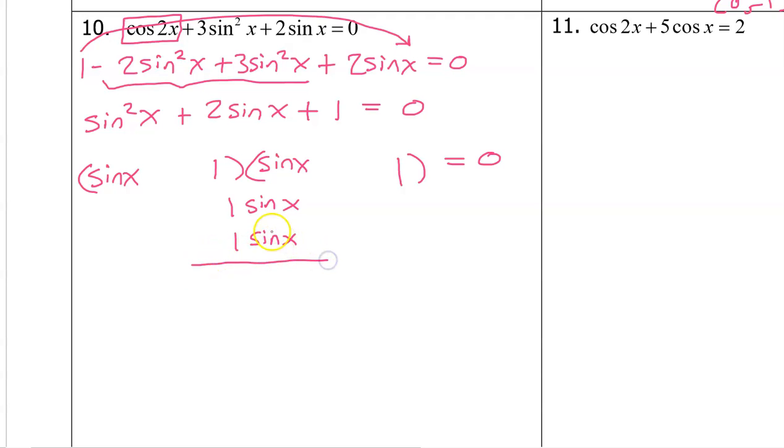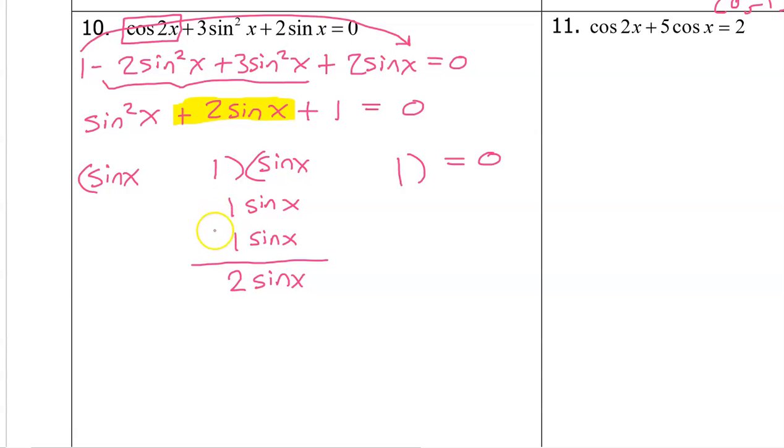Inner plus outer must equal the middle. The middle is this right here that I skipped a minute ago. So the inner plus the outer must equal 2 sine x. Notice that I haven't done anything with the signs yet. I left it blank.